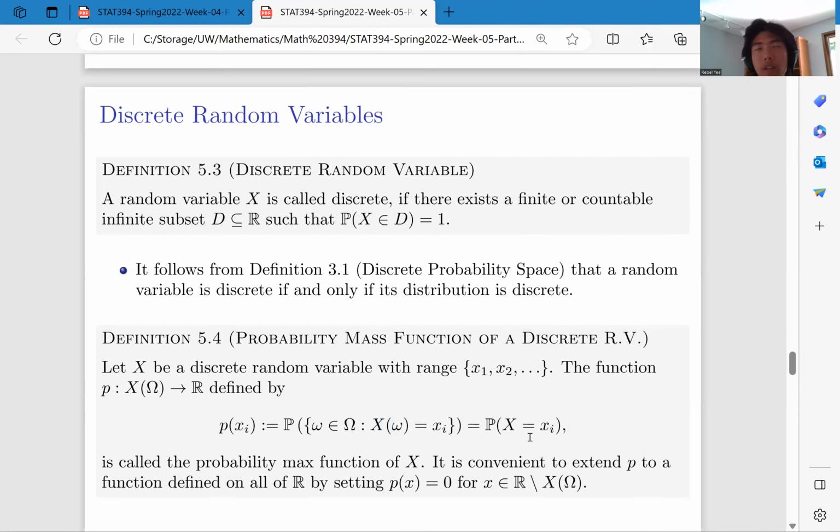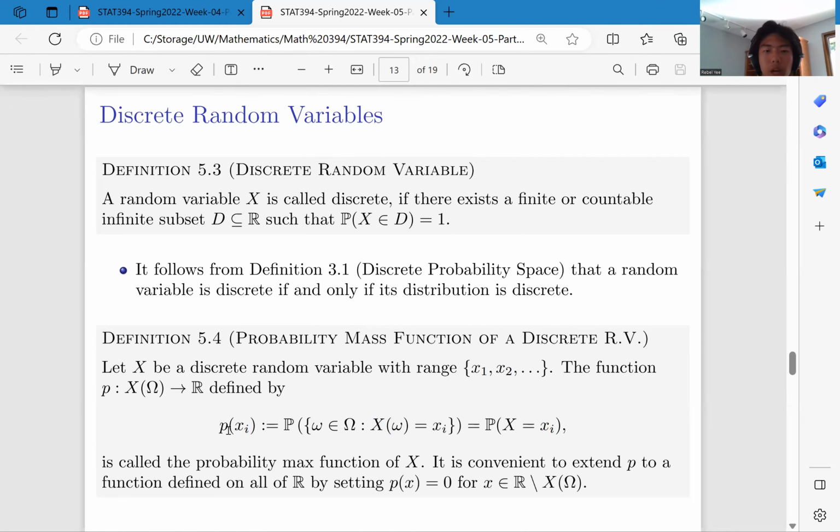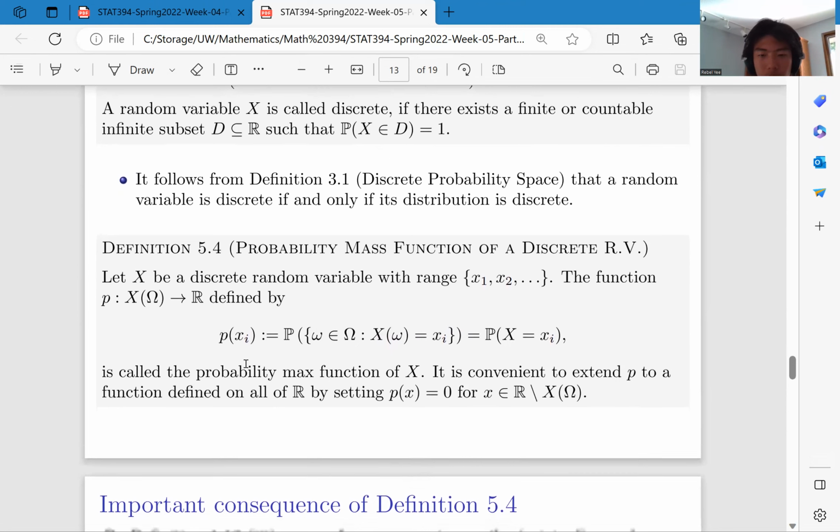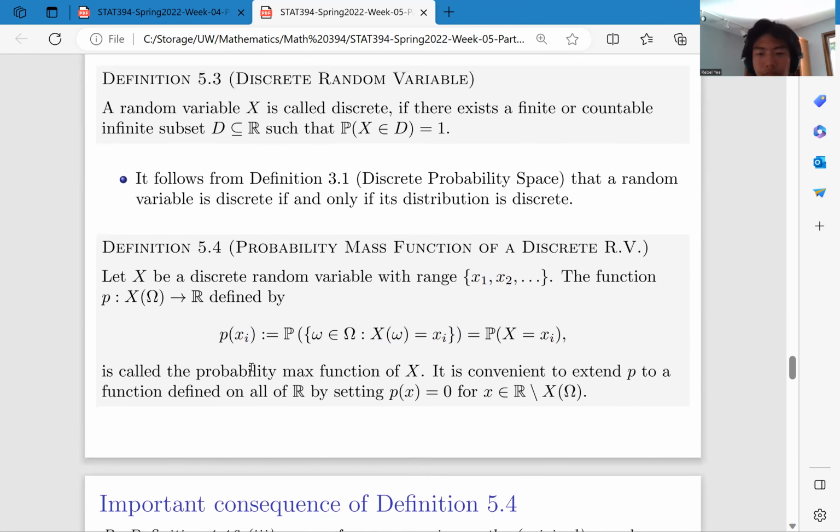So for any of the outcomes that is equal to xi, we combine their whole probability together to get the probability mass function of the discrete random variable. A function can be continuous or not continuous, and in discrete cases it's not continuous.